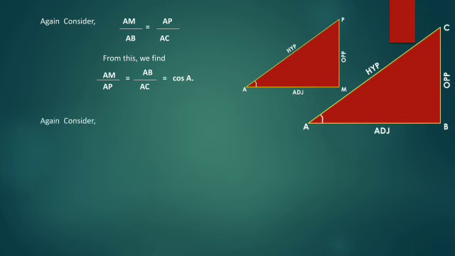Now consider AM divided by AB. AM and AB are the adjacent sides of the two triangles, and MP by BC, where MP and BC are the opposite sides of the two triangles. From this, by cross multiplication we get MP divided by AM. MP and AM are the opposite and adjacent sides of triangle PAM.